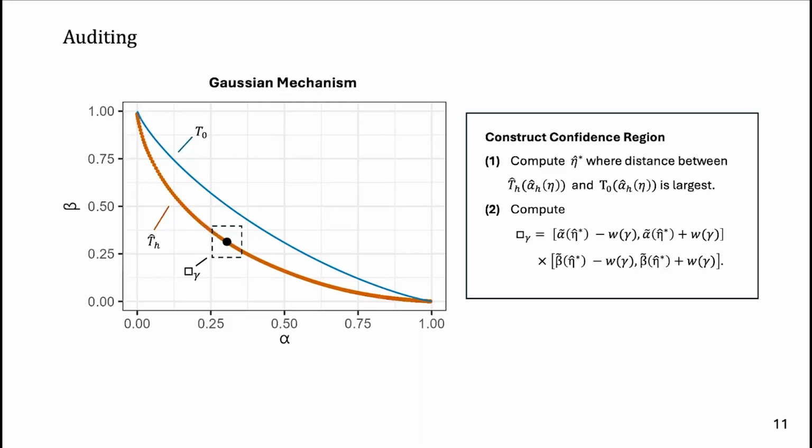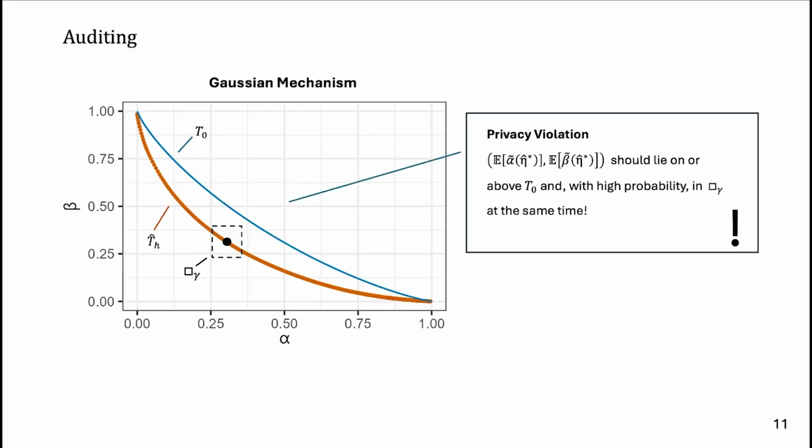Why is this the case? Our confidence region was designed to contain the expected values of our estimates with high probability. At the same time, these expected values can be identified as the type 1 and type 2 error of the hypothesis test that uses the underlying classifier for our estimates. Hence, these expected values should lie above our trade-off function T0.